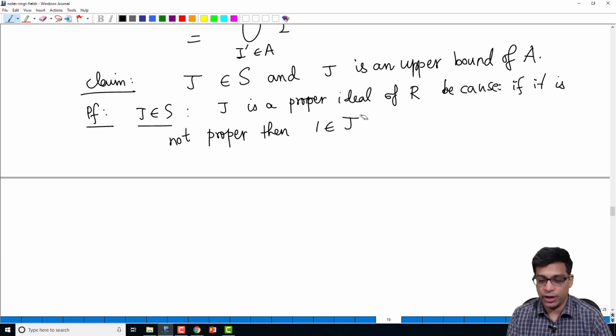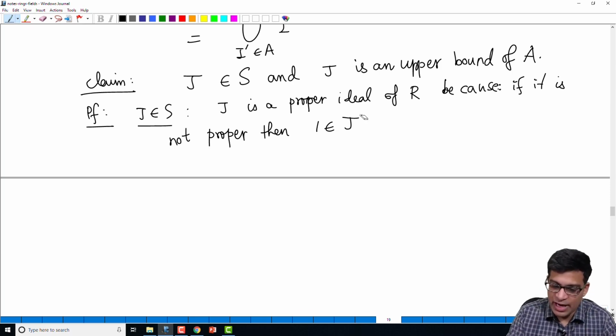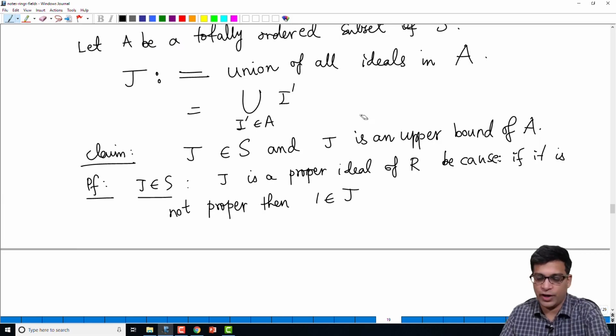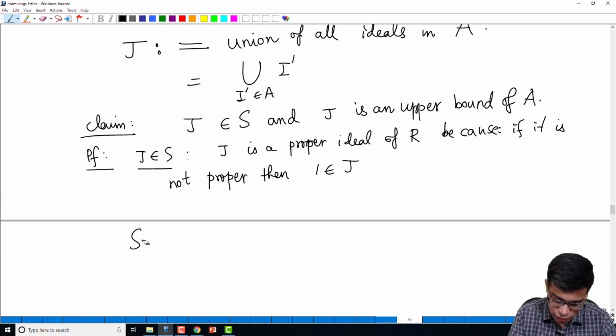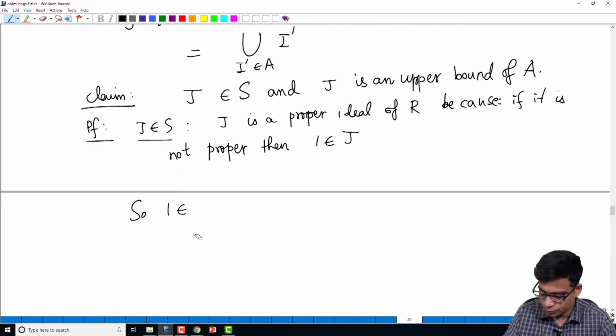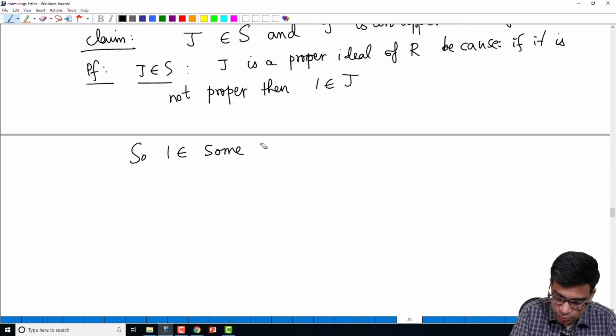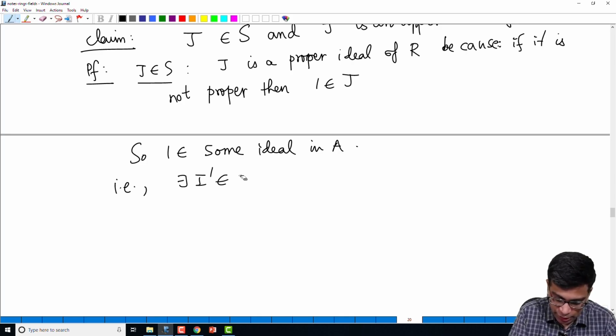That means J is the unit ideal, so 1 belongs to J. But J is the set theoretic union of ideals of A. So 1 belongs to some ideal in A. So there exists I prime in A such that 1 is in I prime.